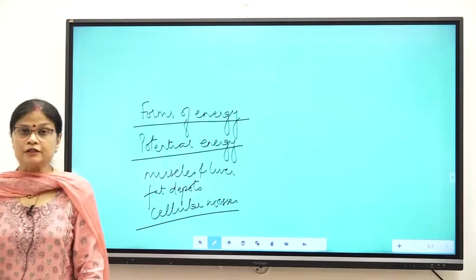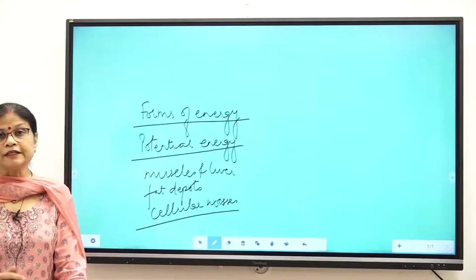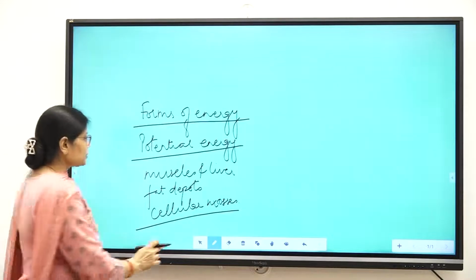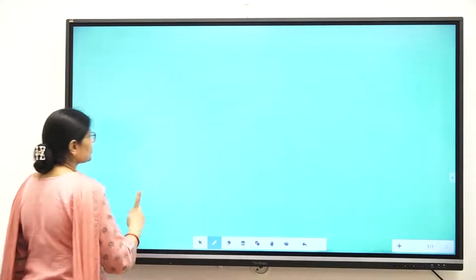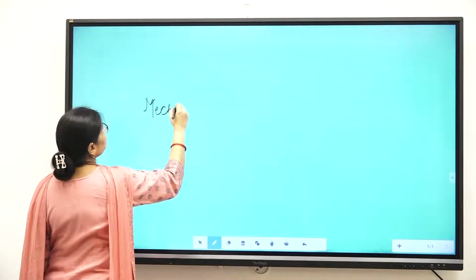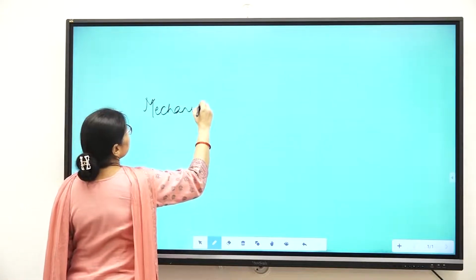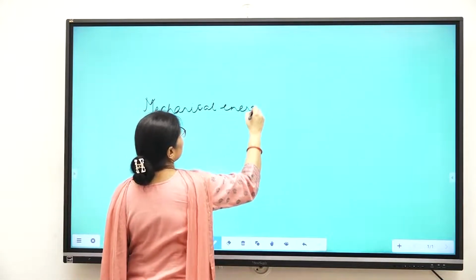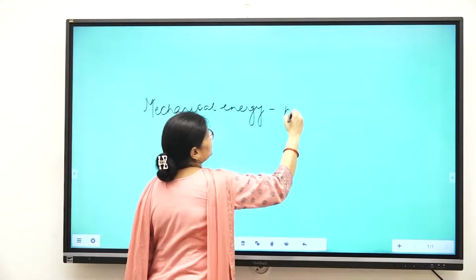This potential energy stored in our body can be transformed from one form to another. It can be transformed to mechanical energy for muscle contraction.